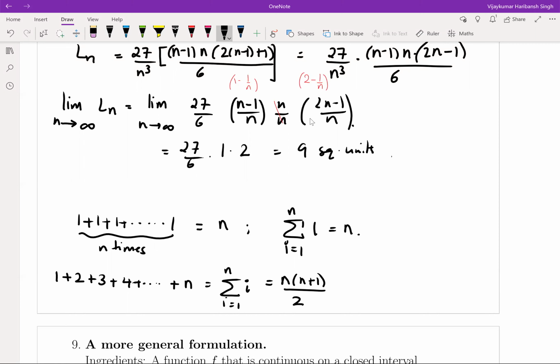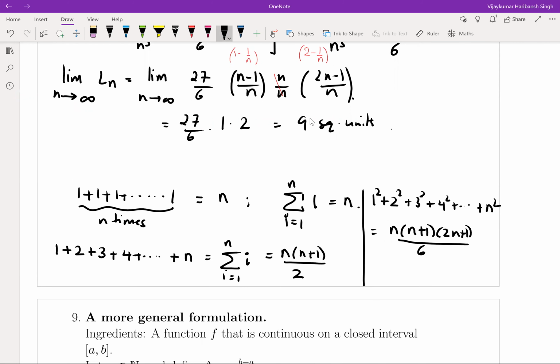And the next one is 1 square plus 2 square plus 3 square plus 4 square all the way until n square. This formula is given by n times (n plus 1) times (2n plus 1) divided by 6.